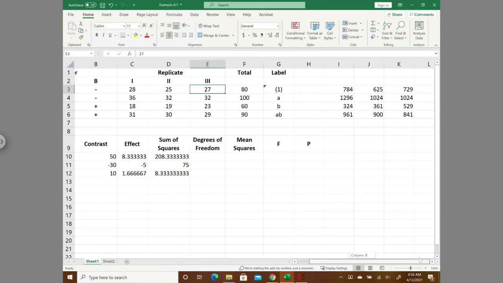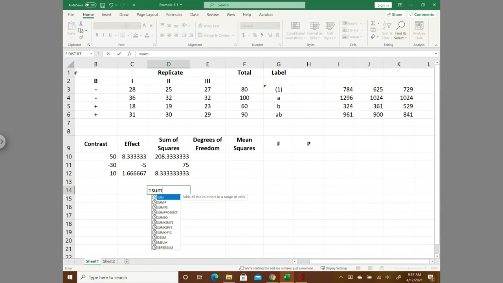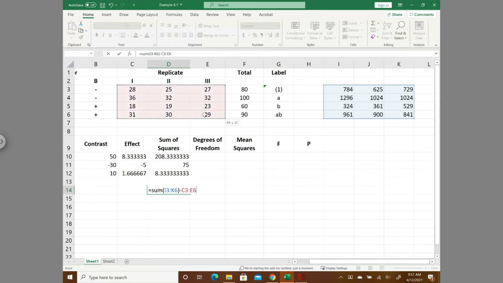And then we have these yijk squares. We are going to sum all the individual yijk squares, so the sum of all these, minus the square of the sum of all 12 observations.